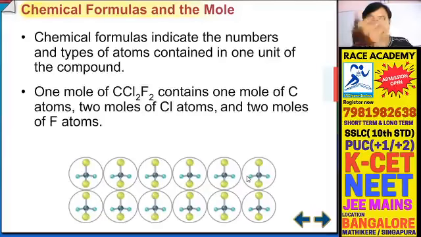So the meaning of the first paragraph is, the chemical formula indicates numbers and types of atoms in 1 unit of a compound. Chlorine is different, fluorine is different, carbon is different, and in the formula the number given in the subscript is the number of moles of those atoms in 1 mole of the compound.